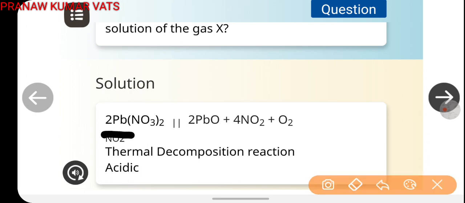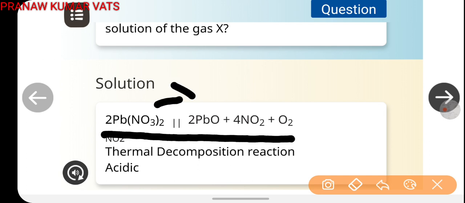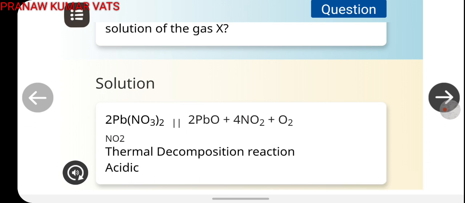The arrow will be there, and this is an example of thermal decomposition reaction.